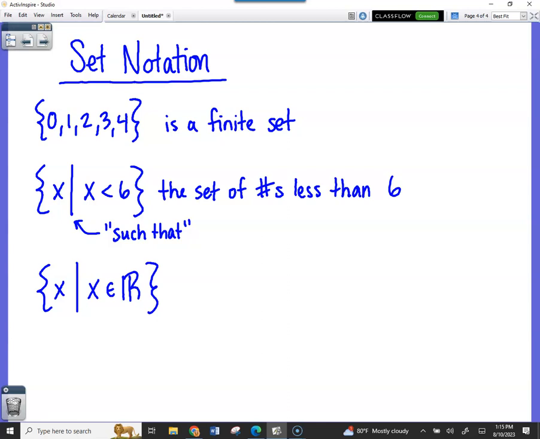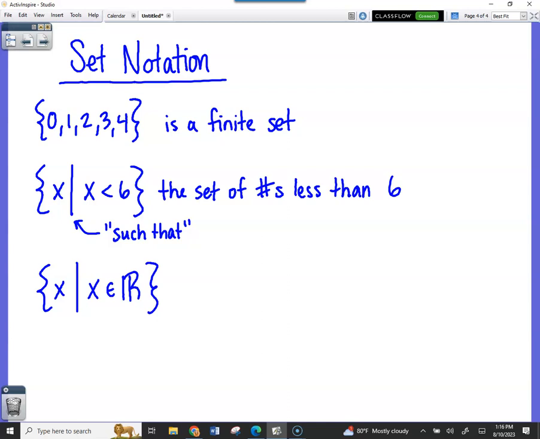All right, here's how you read it. Remember, we've already talked about the vertical line. It stands for such that, meaning there's a condition. This is the set of numbers x, such that x is an element of the real numbers. And if the phrase element of bothers you, then think of it as such that the numbers are in the family of real numbers.